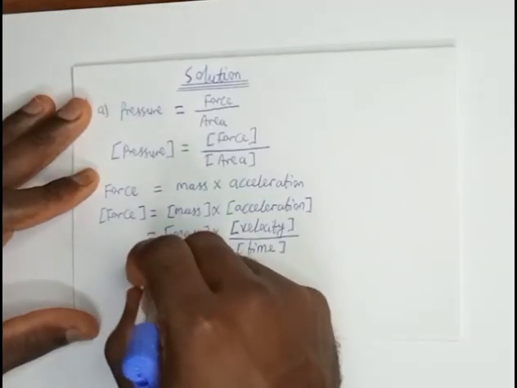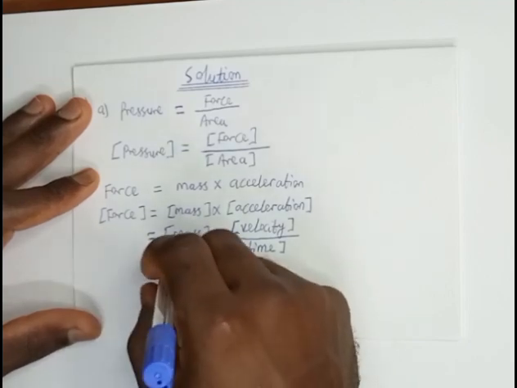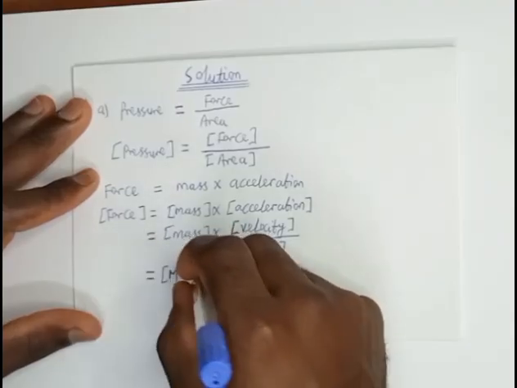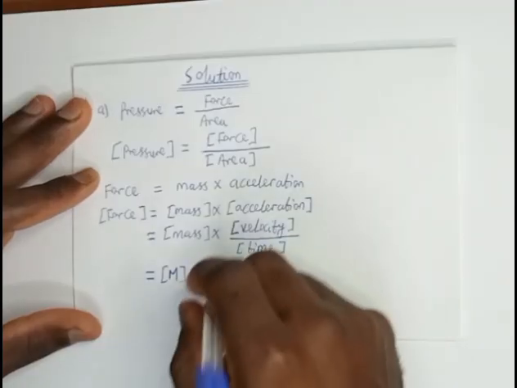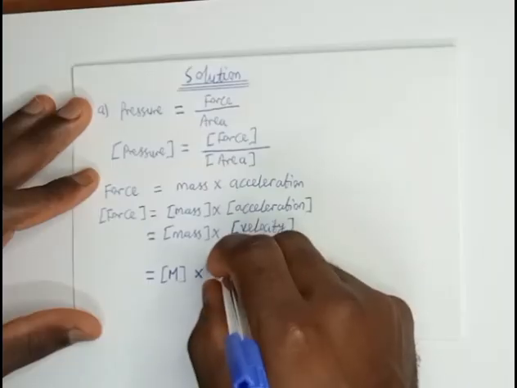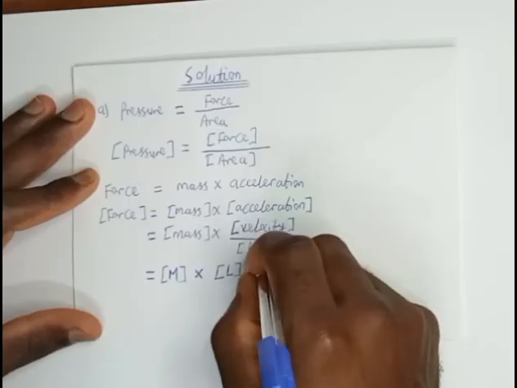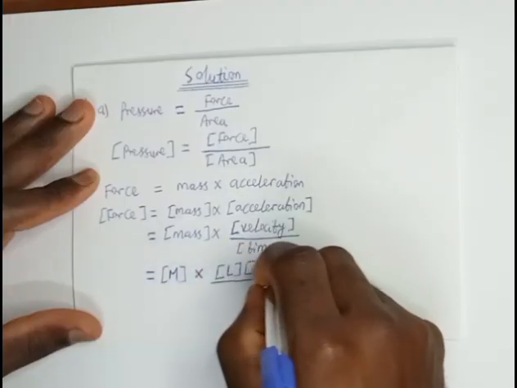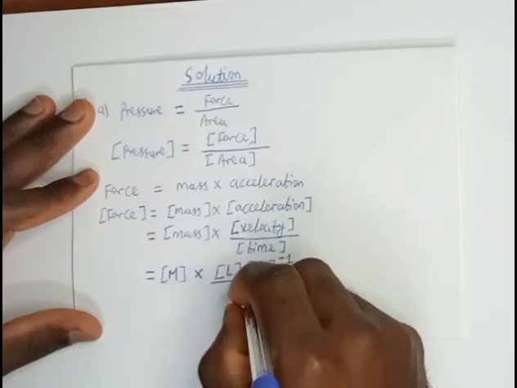This will simply be equal to the dimension of mass, which is m in square brackets, times the dimension of velocity, which is simply L times t to the power -1. We divide this by t.